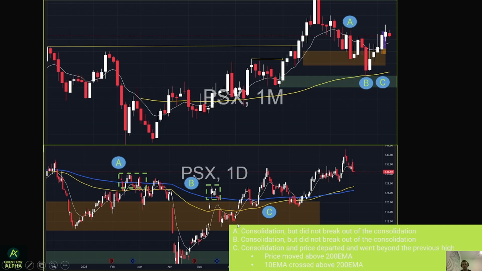And then what we are waiting for is the price to make another push upward to get to some sort of consolidation, which happened in this region over here. We wait for the price to go above the 200 EMA, which happened here on this candle.